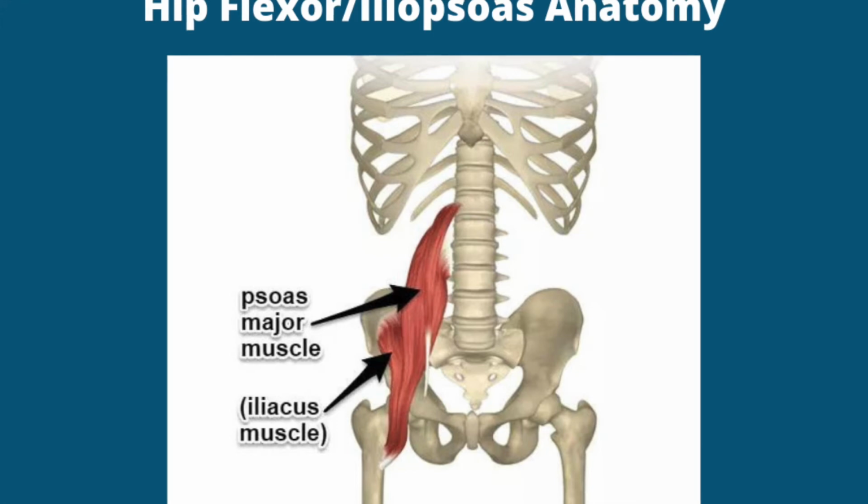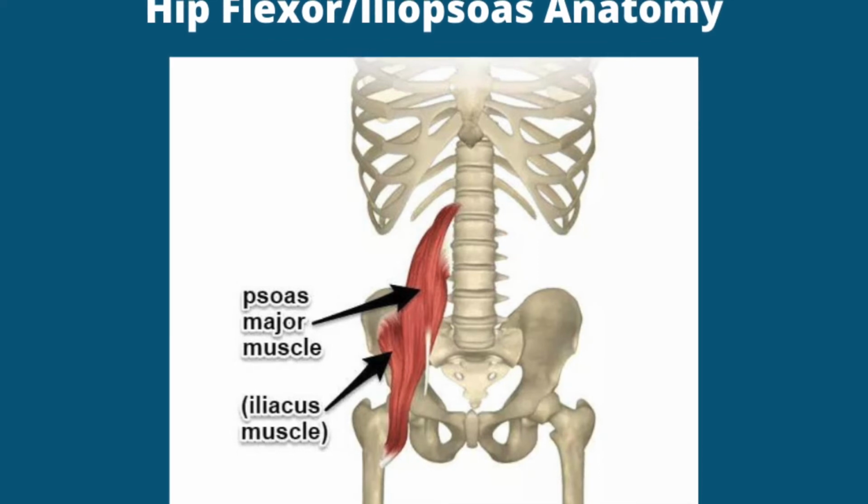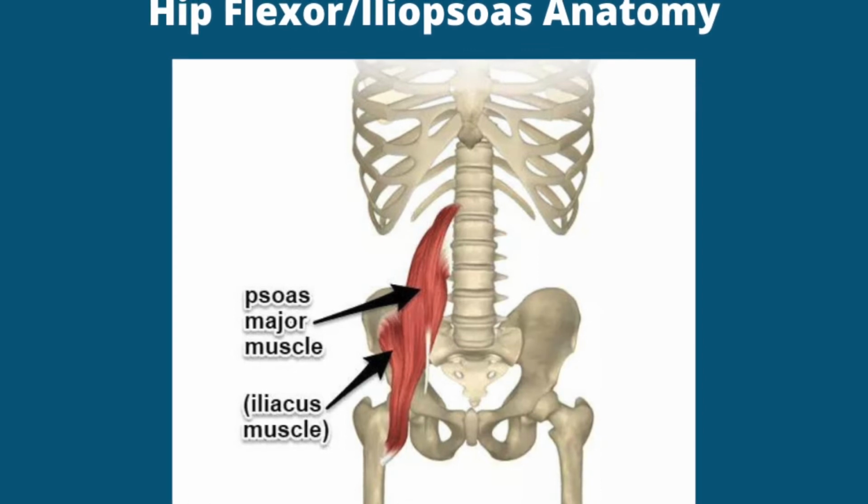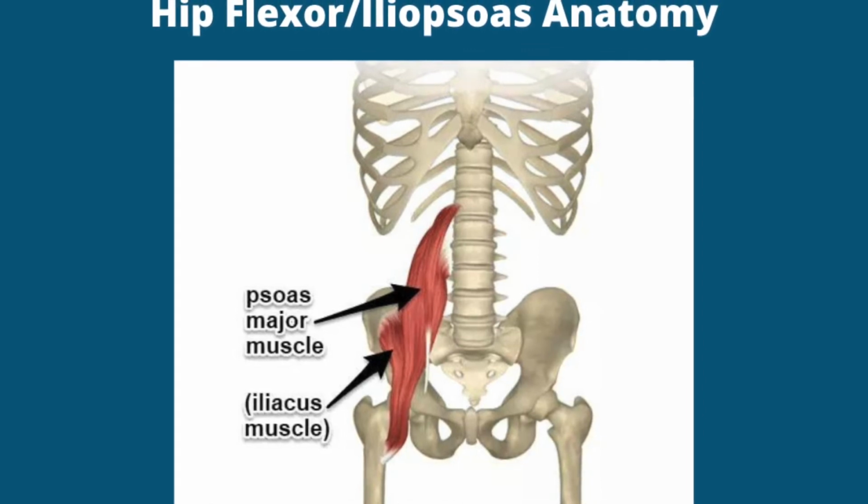First, I want to review a little bit of the anatomy of the iliopsoas muscle, which is actually made up of two muscles, the psoas major muscle and the iliacus muscle. So the psoas major muscle originates from the lower back.